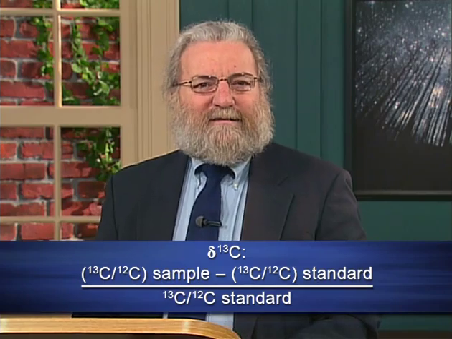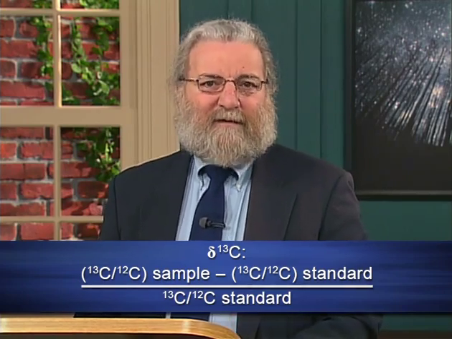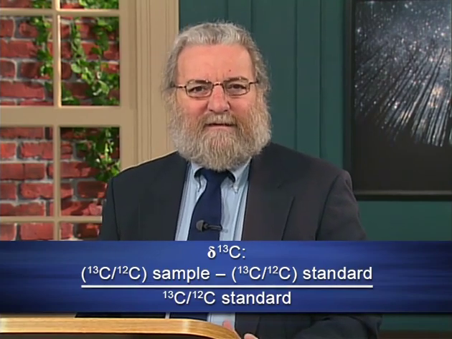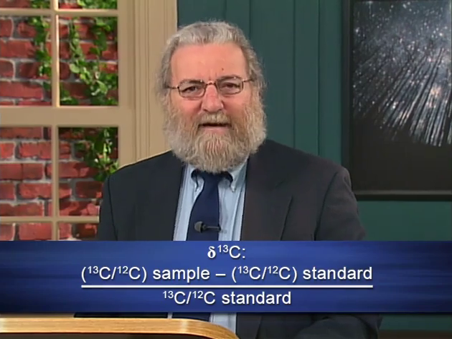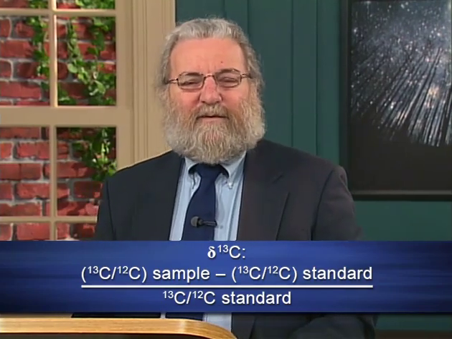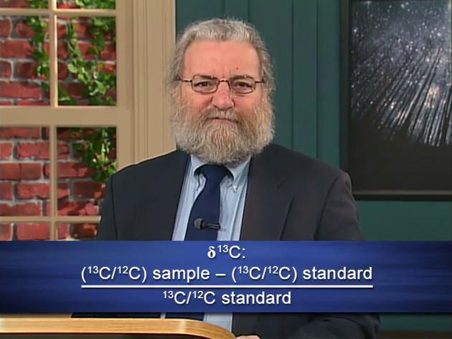We define this as the C13 to C12 ratio of whatever sample we're studying, minus the C13 to C12 ratio of the standard, this South Carolina fossil, divided by the C13 to C12 standard ratio. So it's a fractional change, measured in percent. A substance that's identical to the C13 to C12 ratio of the standard has a delta 13C of 0, because the two values in the numerator are equal.